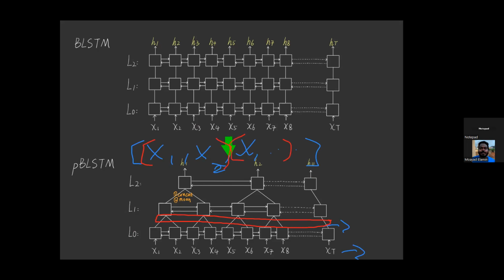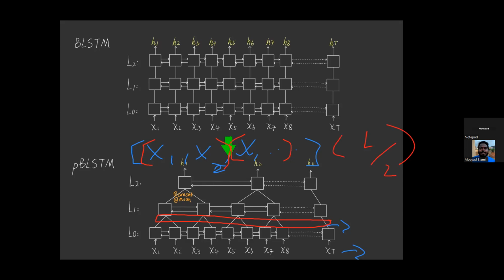This way, the overall number of elements stays the same, but we're going to have a sequence length over 2, because we have now cut the sequence length in half.